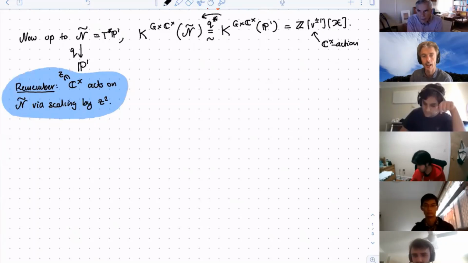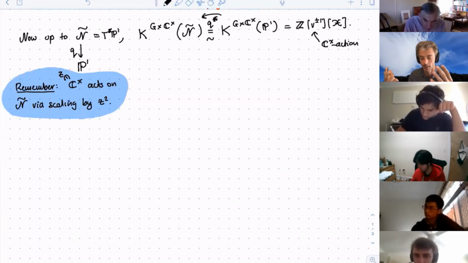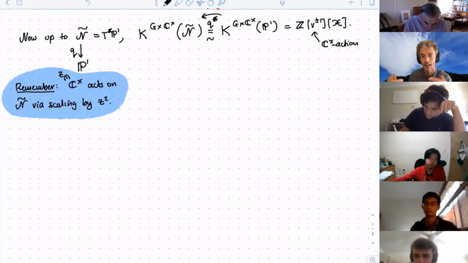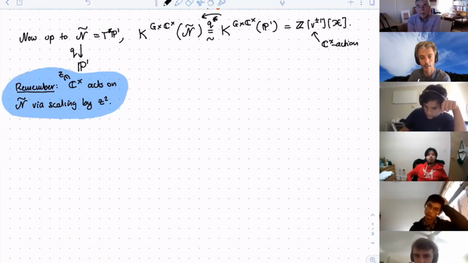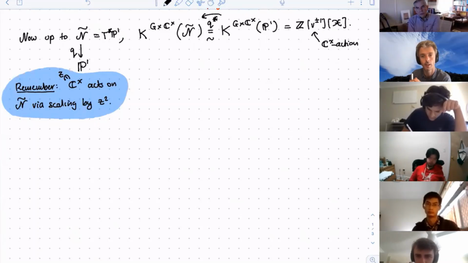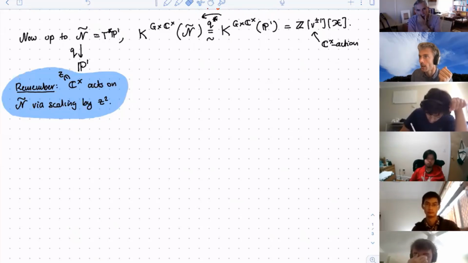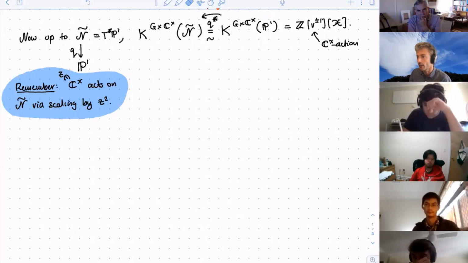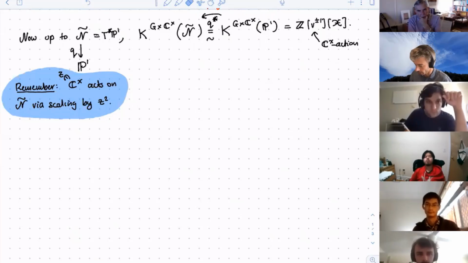So if I have a space and I know its K-theory, and now I look at the C star equivariant K-theory of the same space for the trivial action, then this just adds a copy of rep of C star. Essentially just given by the character on which C star acts on any object.